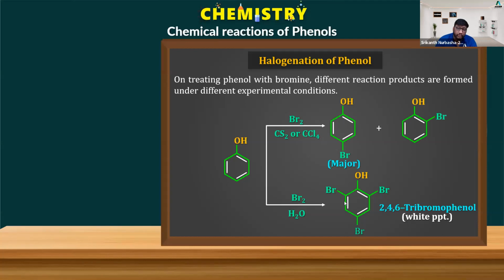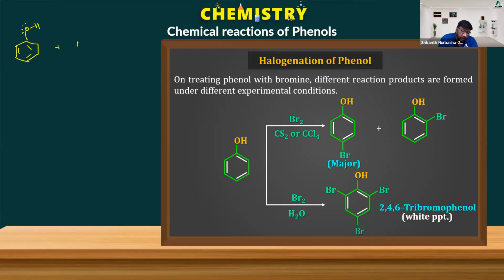Why? Look at the scenario correctly. If I take phenol, the electron density at ortho and para positions is increased only by the electron donating group, that is the OH group.